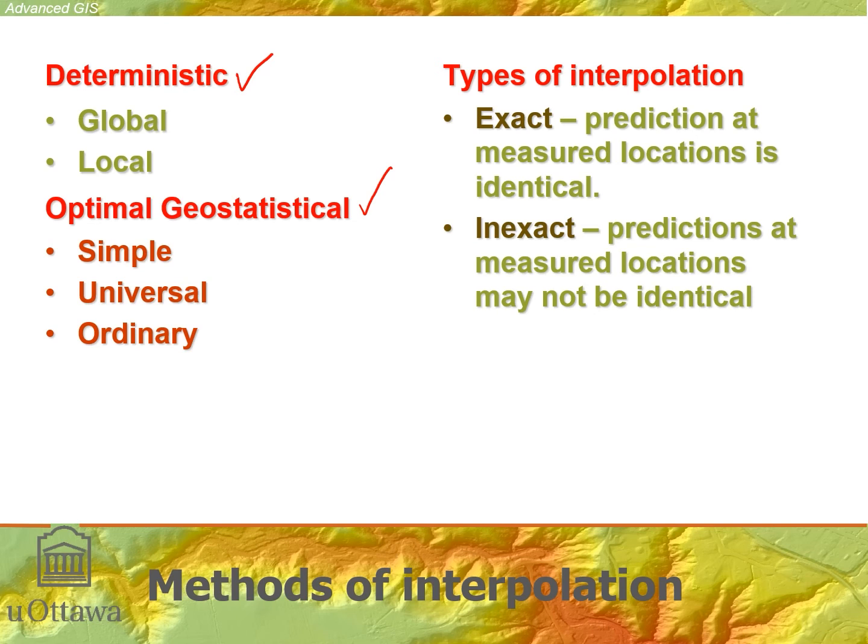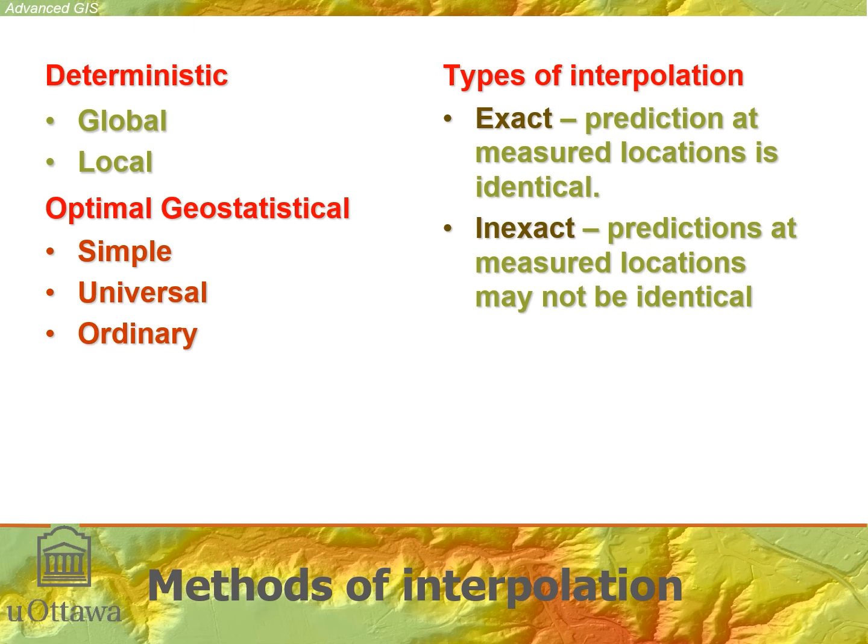Deterministic methods utilize an equation to produce an estimate of values where there are no values registered. And they can be global or local in nature. We'll see the most common deterministic method, which is inverse distance weighting, IDW, as an example. There's also trend surfaces and local splines, for example.